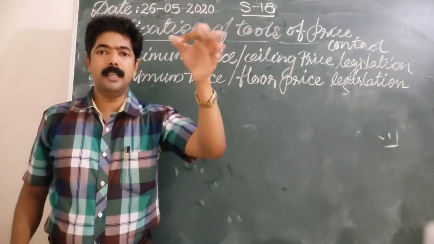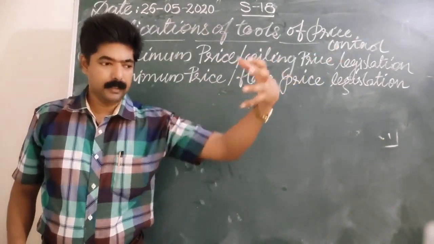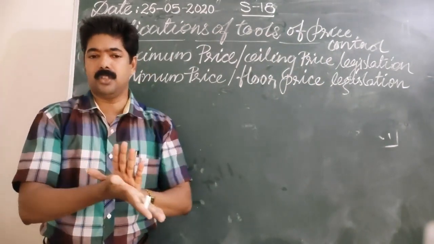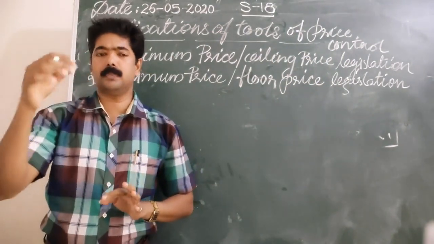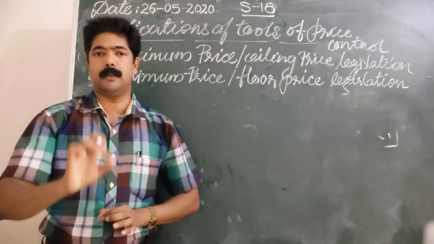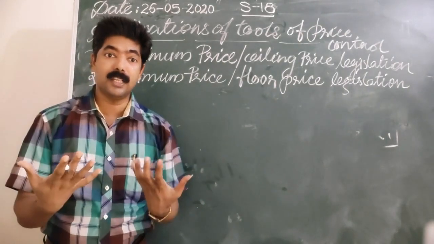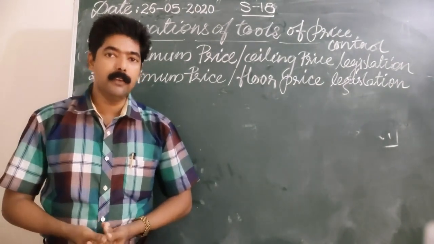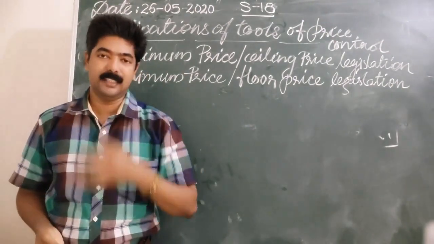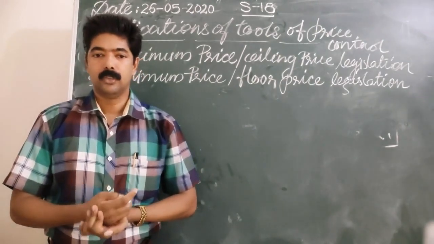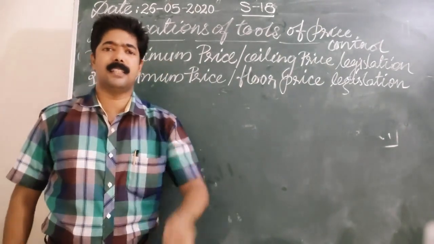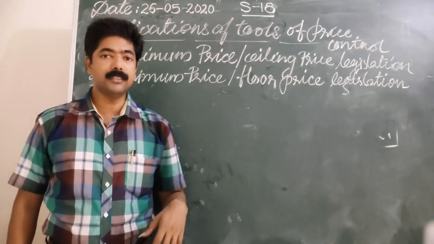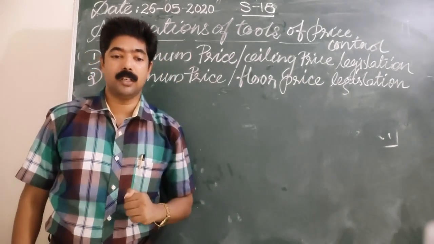The government immediately steps in to control, to fix the price of such a commodity. When the price is fixed on that particular commodity, the consumers, the poor consumers, will be very happy. They will get those necessities at lower prices. So maximum price legislation is good for consumers because the government has an important role.